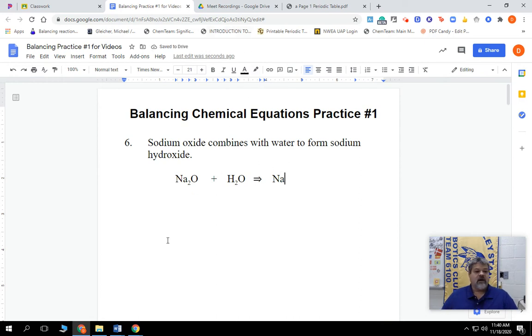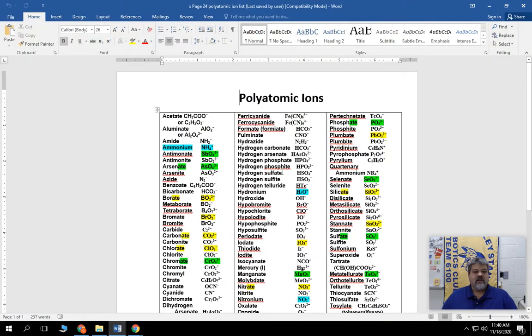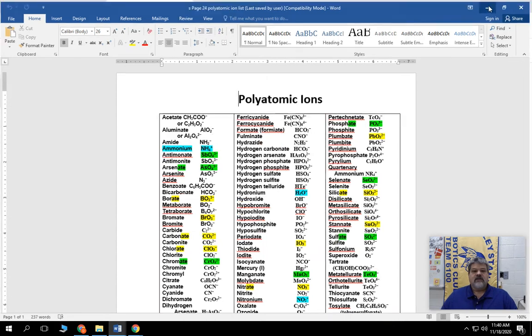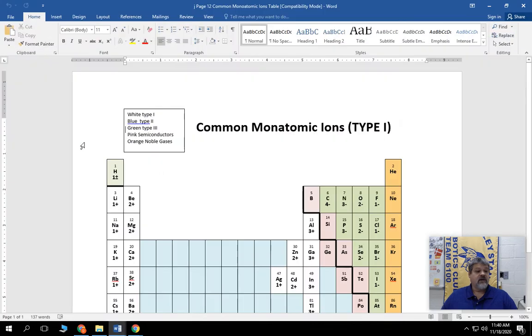Let's look at our polyatomic ion sheet, which is the last page of our packet. And we can see that hydroxide is OH with a -1. So we're going to put in OH. Sodium was a +1, right? If I go back to this right here, sodium's a +1.